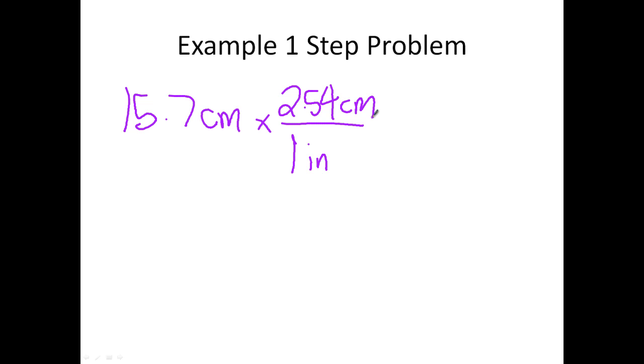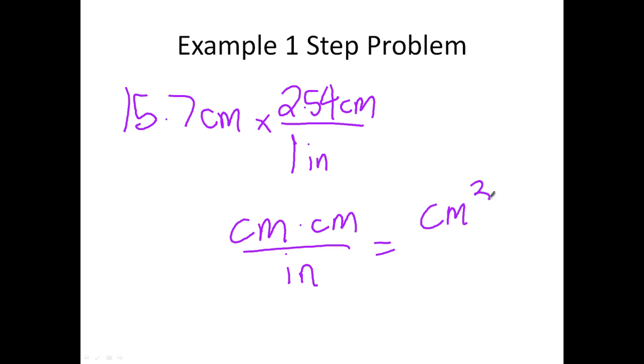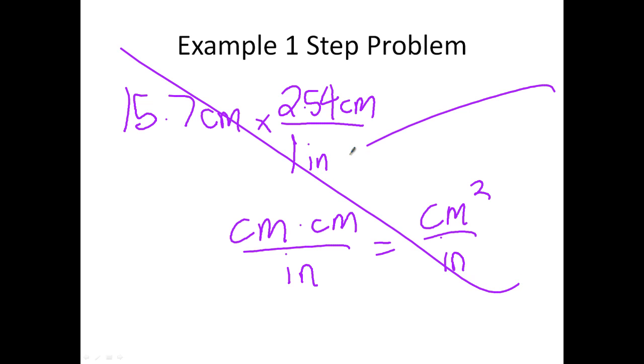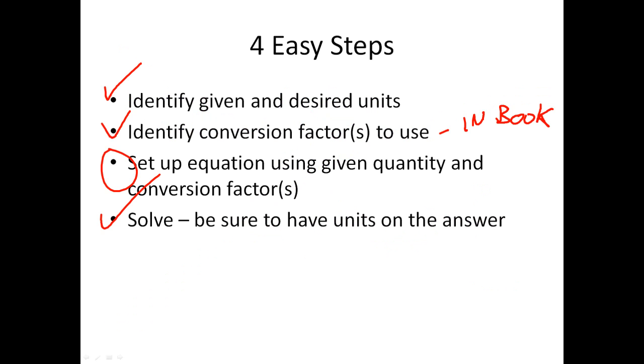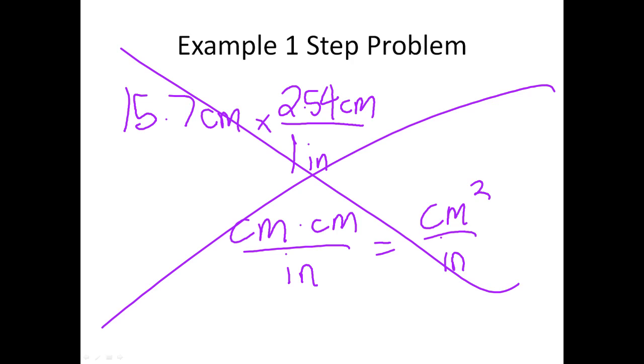Instead, I'm going to be left with units that look like centimeters times centimeters over inches. Centimeters squared per inch. That makes no sense in any science, except for maybe bio. They might figure something to use for that. Oh, I went the wrong way. I want to go forwards.